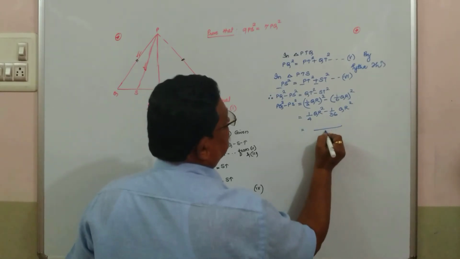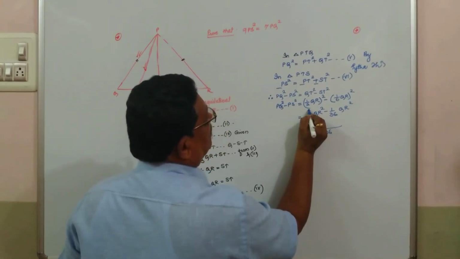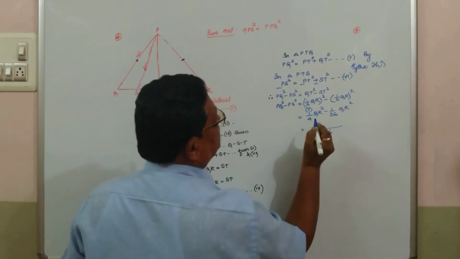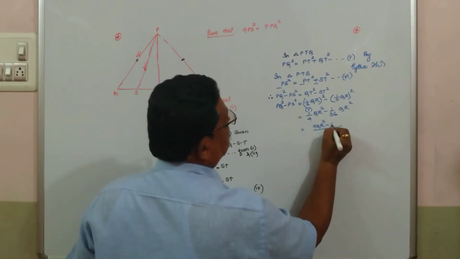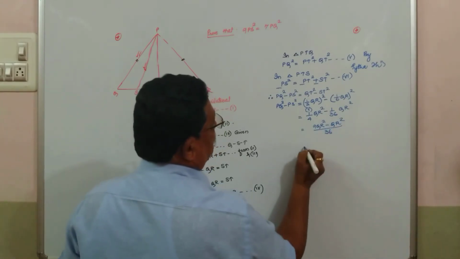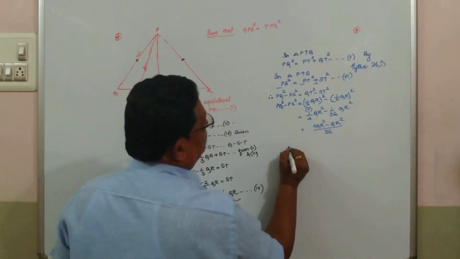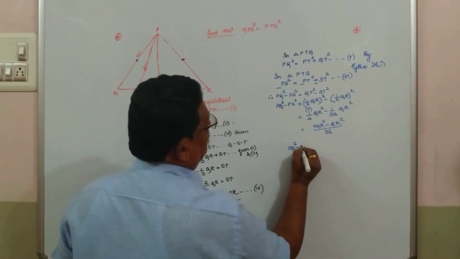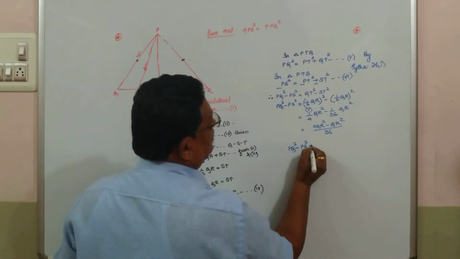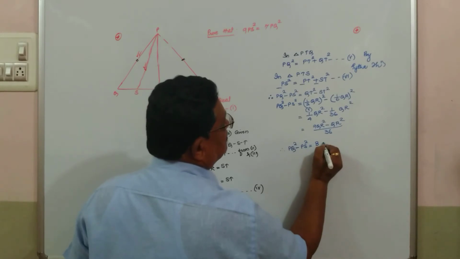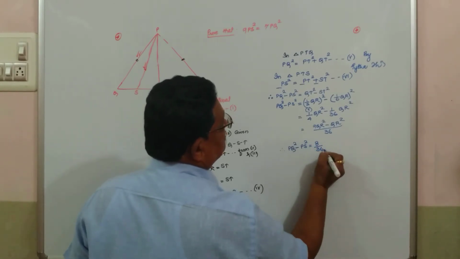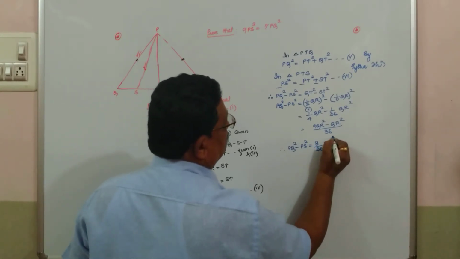LCM being 36, 4 9s are 36. So 9 QR square minus QR square. Therefore, PQ square minus PS square equals 9 QR minus QR will give me 8 by 36 QR square.